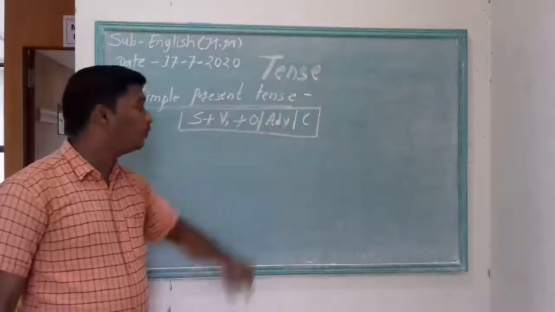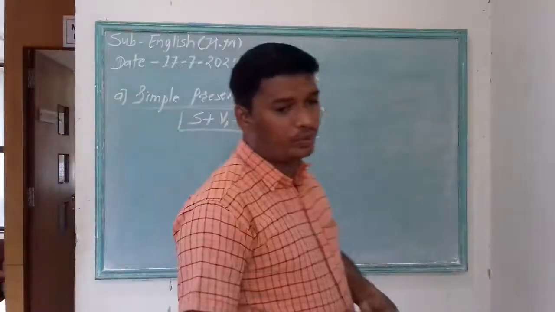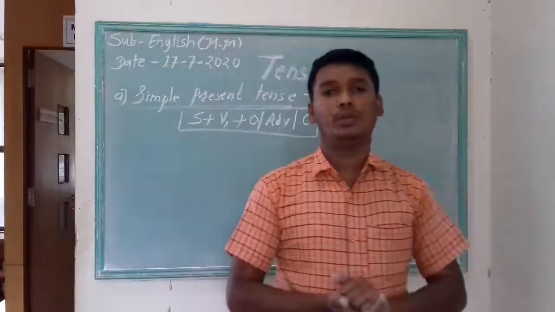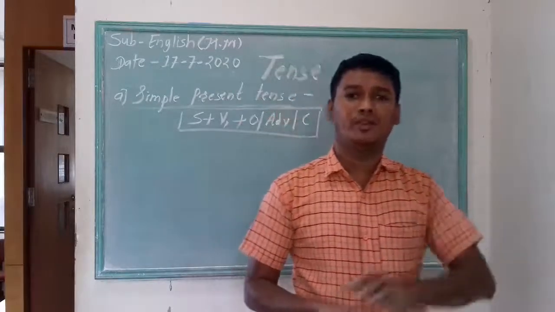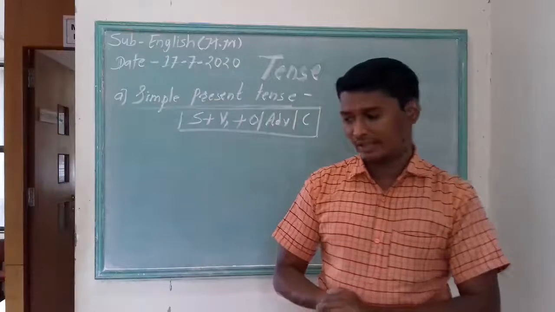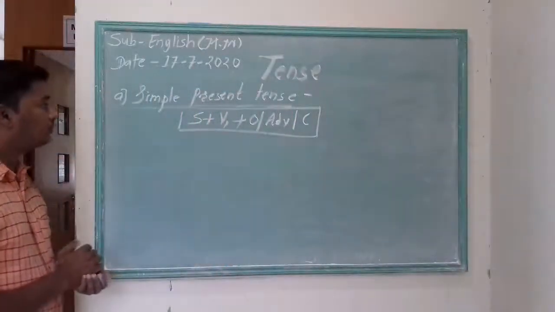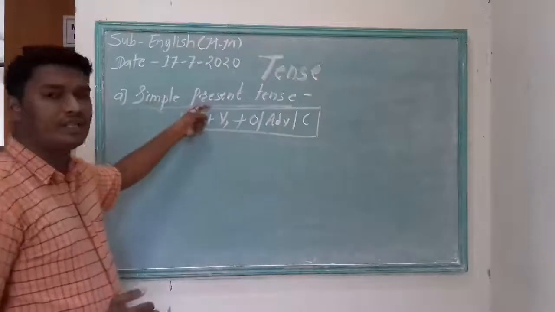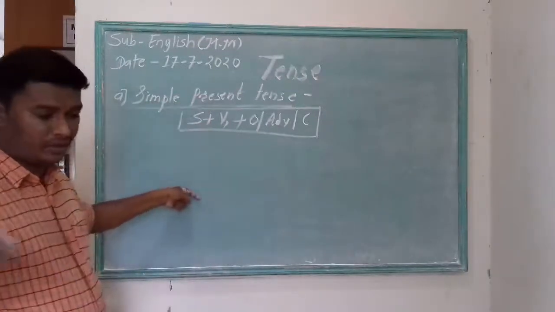In this structure we write simple present tense. It means there is no need to use any auxiliary verb for simple present tense. Now write information about simple present tense, then take the structure, then I give examples.